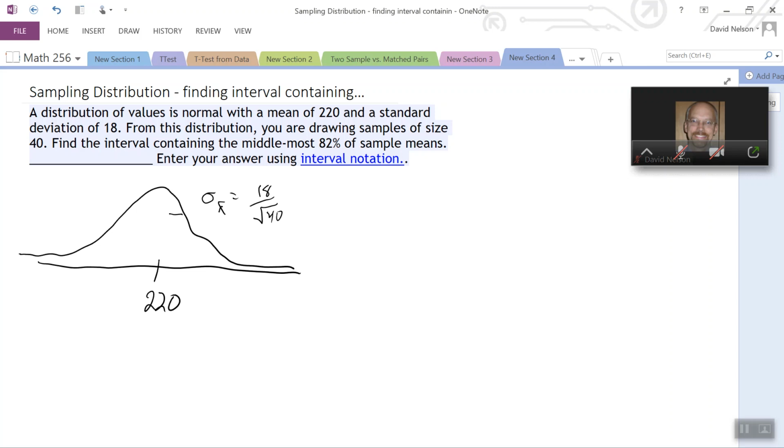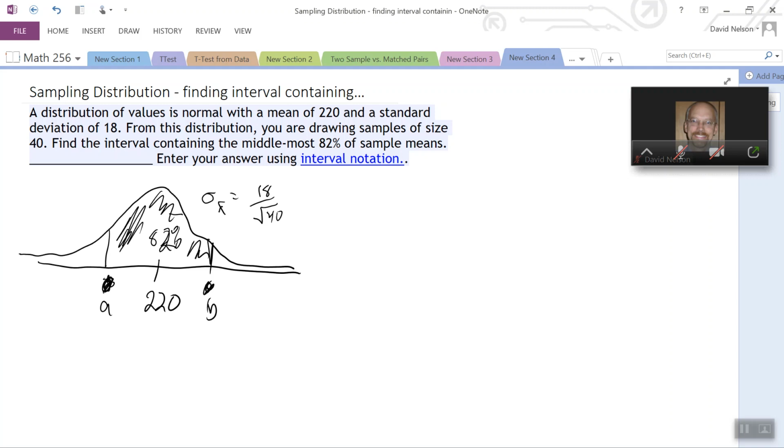What we're trying to do is find where you can go to capture the middlemost 82%. We want to say that 82% of our samples will be within A to B, whatever A and B are.